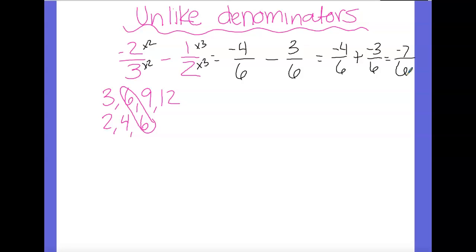So how many wholes can you make out of 7 over 6? 1, and it's negative. What would be left over? 1. So when you don't have common denominators, there's a little more work to it.